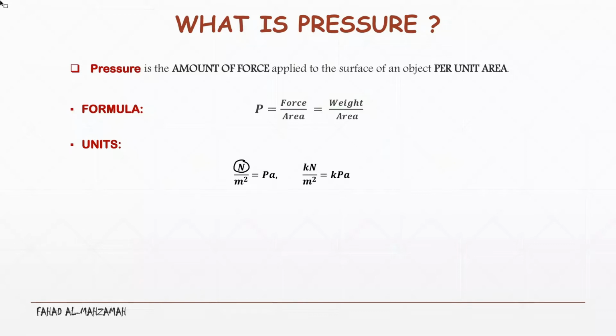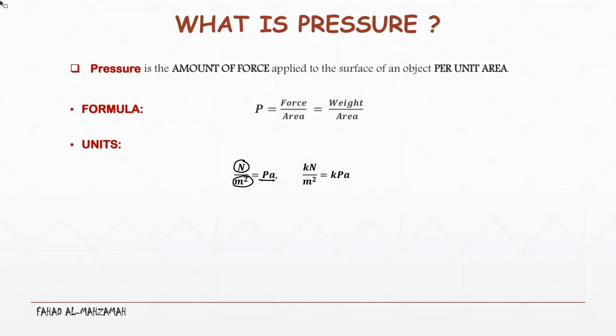The area is a square of any length unit. In SI we are using the meter as a length unit, so we square it and we will have a square meter. So whenever you see Newton per square meter, it is exactly the same as Pascal. Pascal is a derived unit in the international system, which is equal to Newton per square meter.